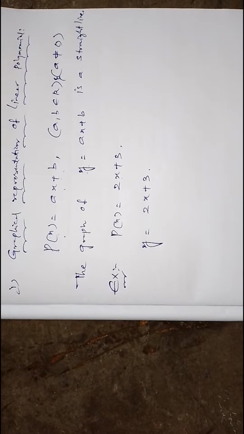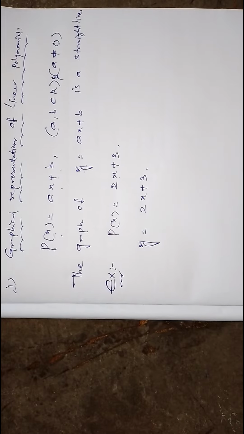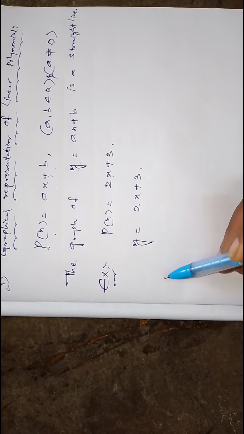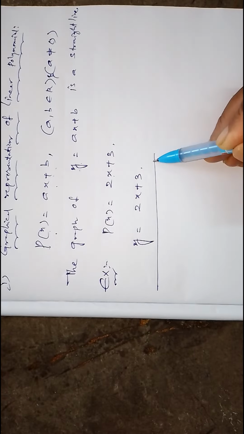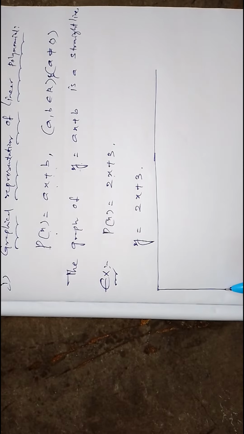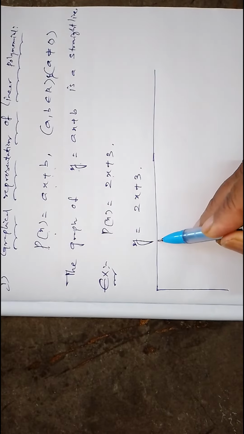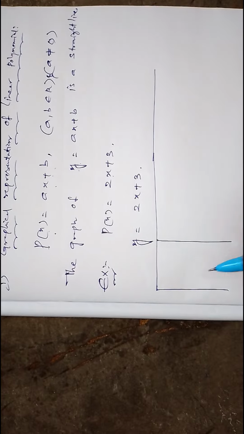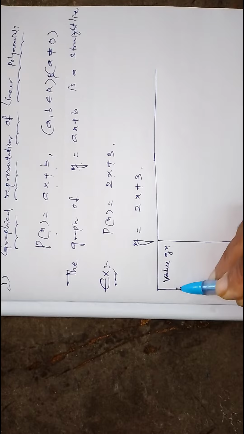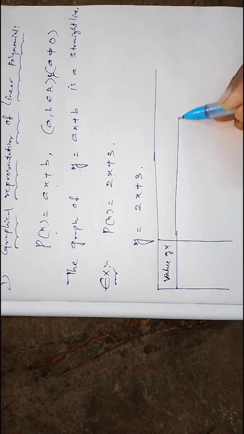Now I have to take suitable points. Suitable means those points which satisfy this equation. First I take a value of x, which is independent.